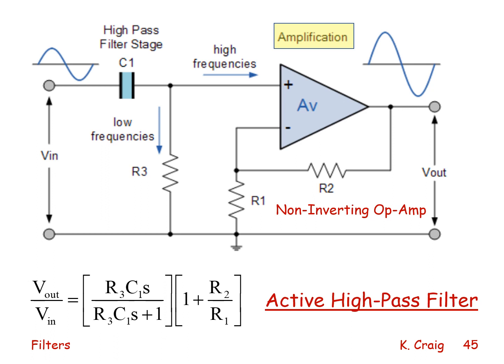Similarly, I can take my passive high-pass filter, my CR filter, with this transfer function, add an amplification stage through the non-inverting op-amp with a gain of 1 plus R2 over R1 to get amplification.